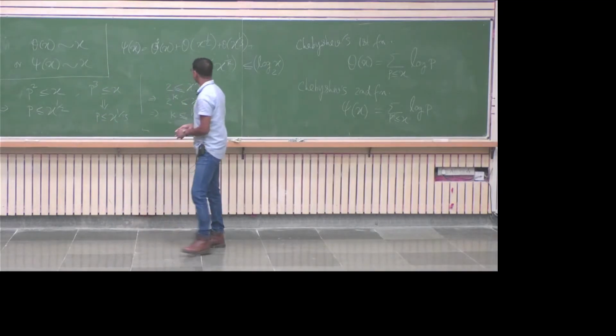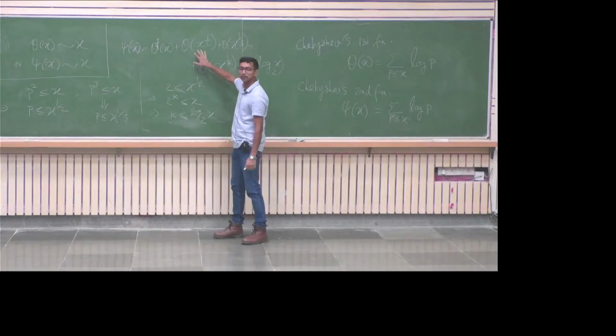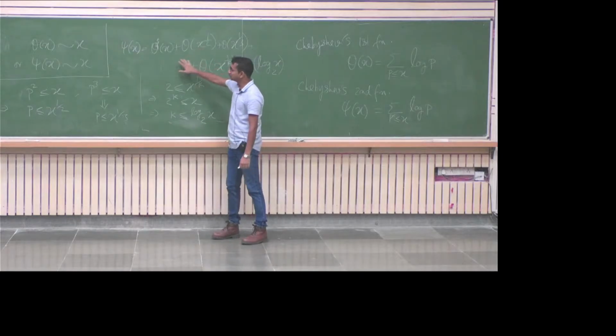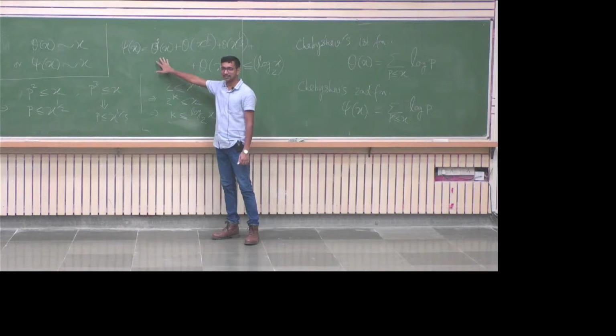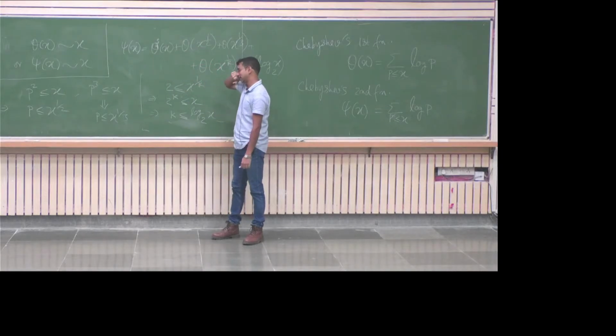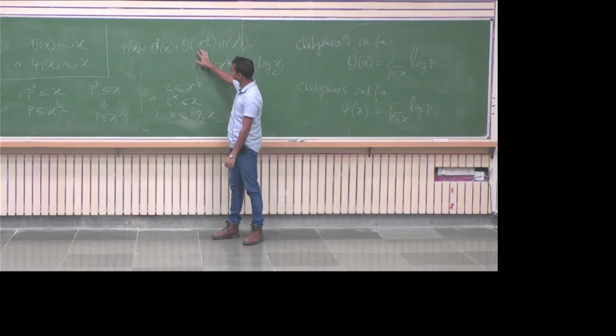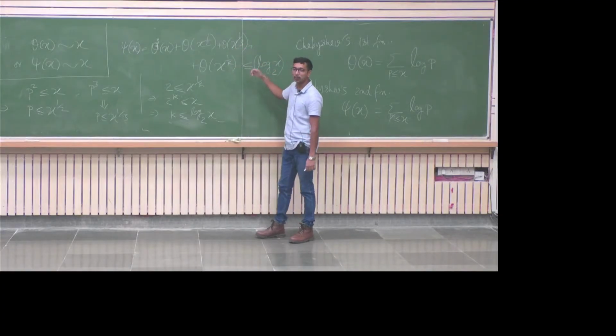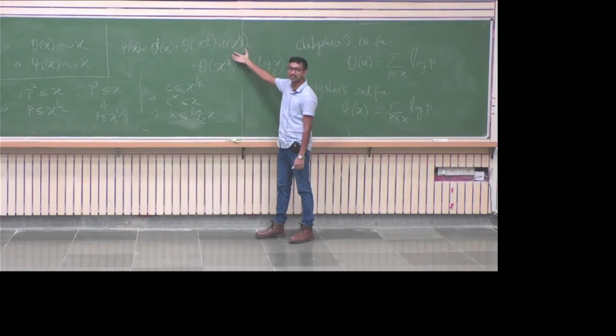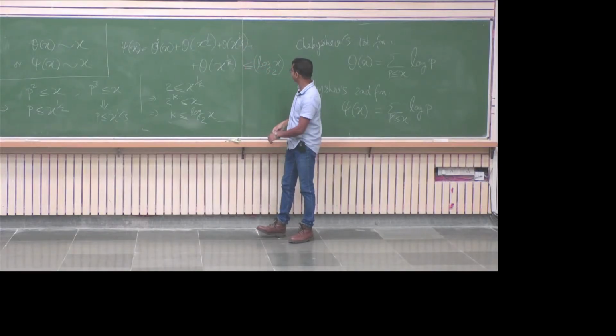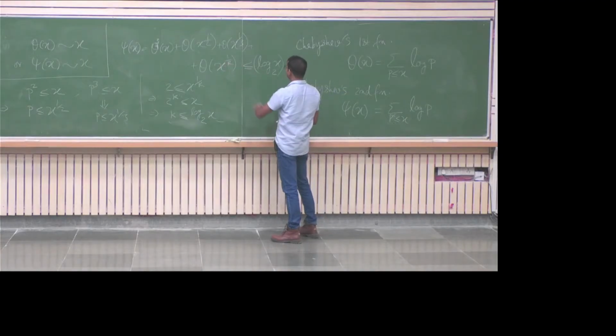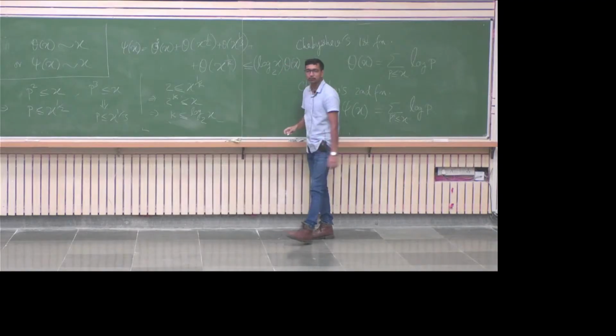Nevertheless, at least you can say that the set of primes which are less than or equal to root x is contained in this set, right? So even if we cannot say that there is a strict inequality between the number of primes here and there, we can say that at least this is less than or equal to this, right? And for the higher ones, of course, we can say that there is a strict inequality, but we can just work with a less than or equal. So this psi x is less than or equal to this times theta x.